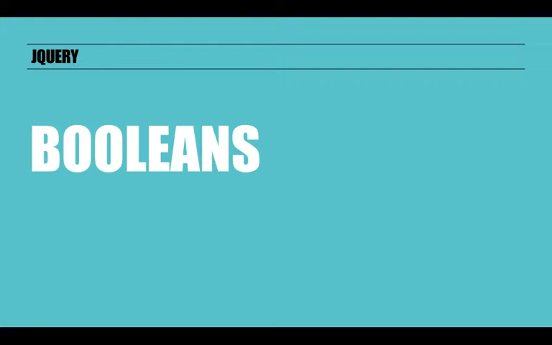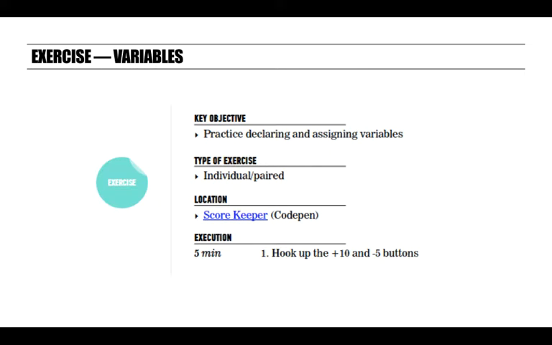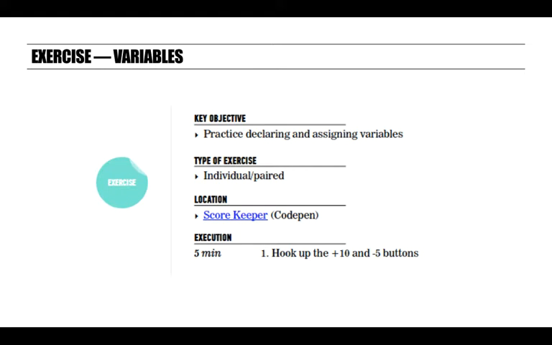Cool. So Booleans. Booleans have only 2 values, either true or false. So any questions with Booleans? Okay.